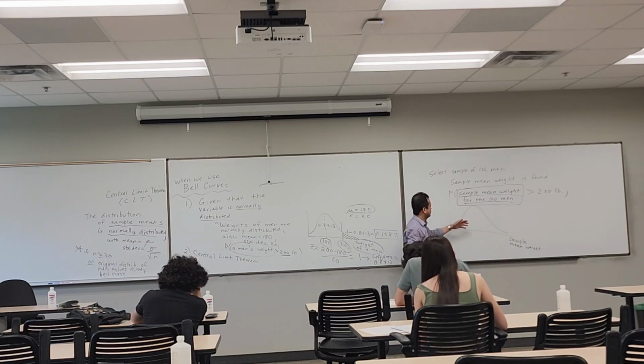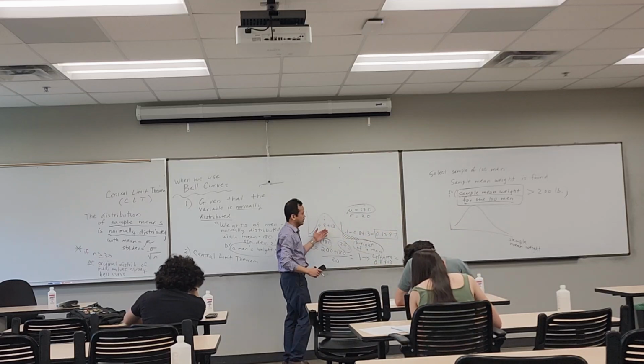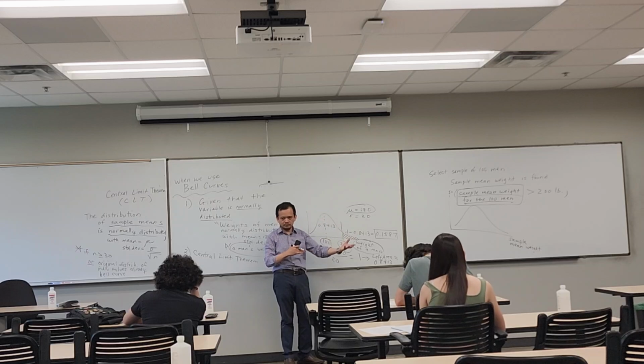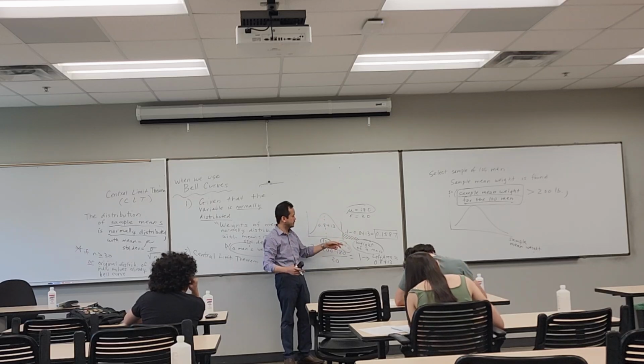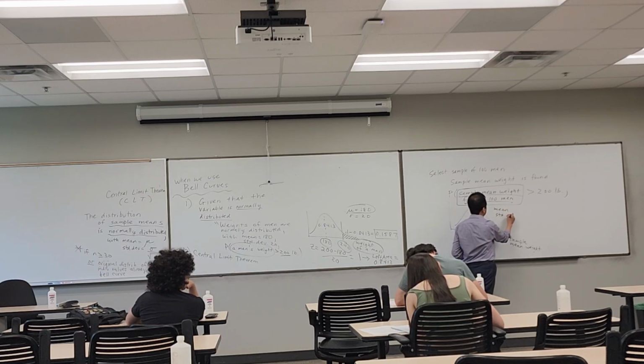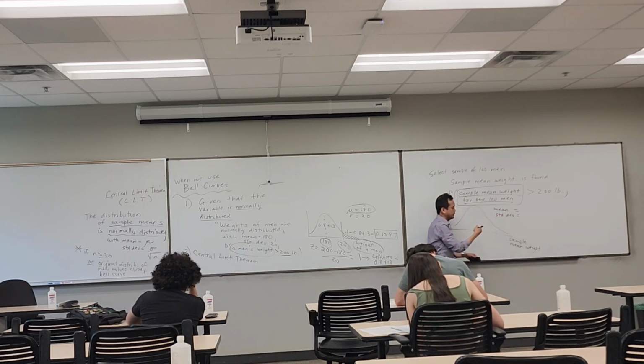But now this bell curve, even though it's a bell curve like before, is a bell curve with different parameters. Different mean possibly and a different standard deviation. So the mean and standard deviation of this bell curve will come from that central limit theorem.